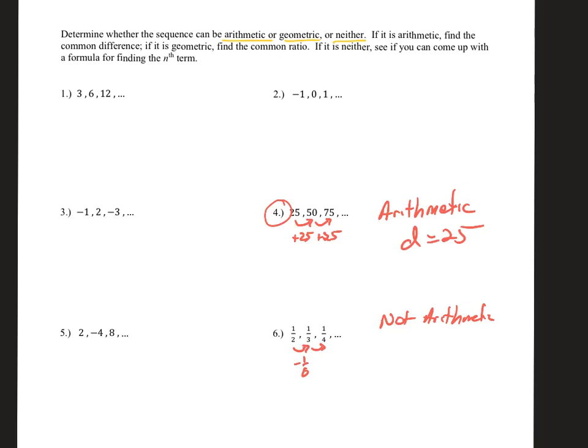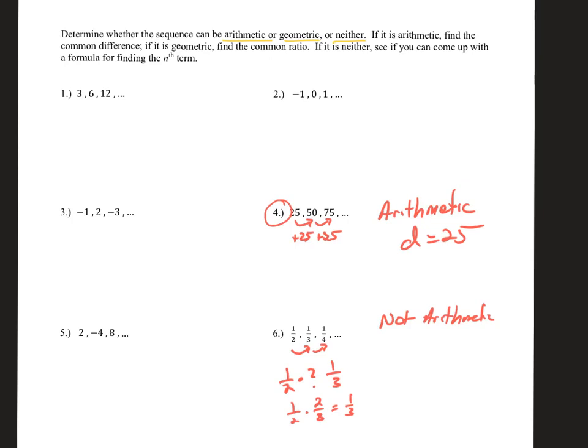Is it possibly geometric? Well, if it was geometric, then we would be multiplying by the same value. And so 1/2 times what is 1/3? Well, 1/2 times 2/3 is 1/3.